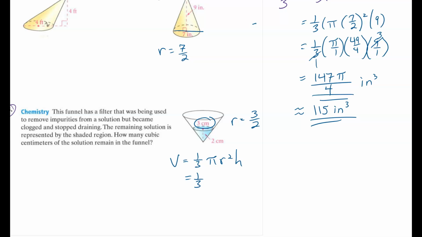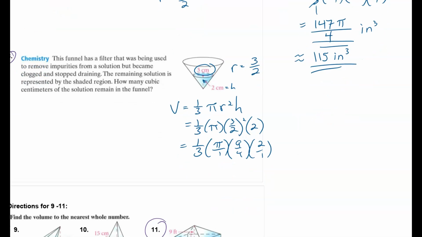All right, so let's plug our stuff in. So we get 1/3 times pi times 3/2 squared times the height of 2. Notice the arrow is going to the height, so we know that's where it is. And then we just go ahead and multiply. 1/3 times pi over 1 times 9/4 times 2/1. Oh, look, the 2 and the 4 can simplify.